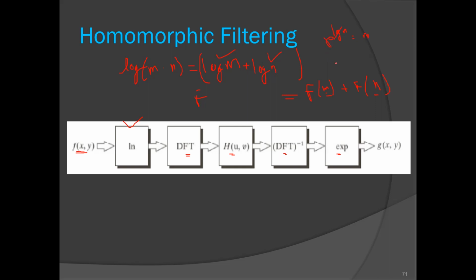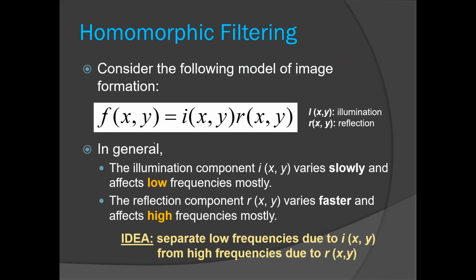Let me rewrite this: e to the log of m equals m. So log and exponentiation are opposite actions, and then we will get the processed image. This is the idea that is used in homomorphic filtering. So this f of x y is made up of two components, that is illumination and reflectance.